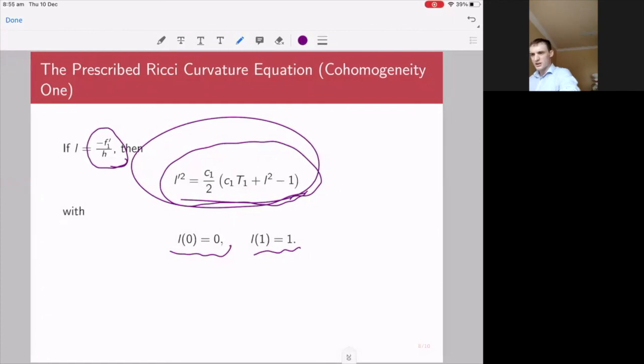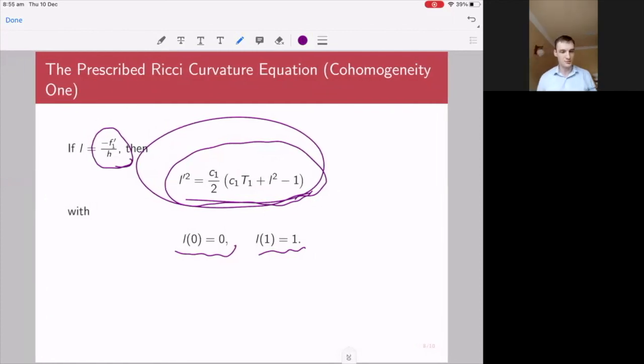For us, we weren't able to produce uniqueness. The main reason is that the main tool we used was topological degree theory, which is really great for getting existence proofs, not so great for uniqueness.